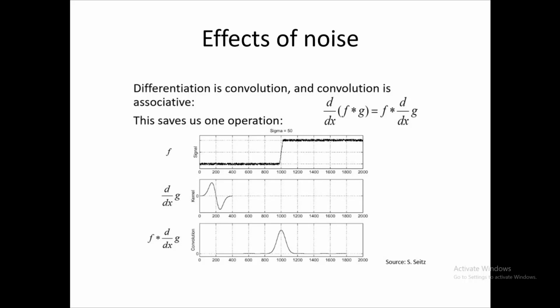And that also saves operations, because we can just take the filter and apply it, and no more derivatives have to be done. We can take this filter directly and convolve it with this function. We'll get this peak.